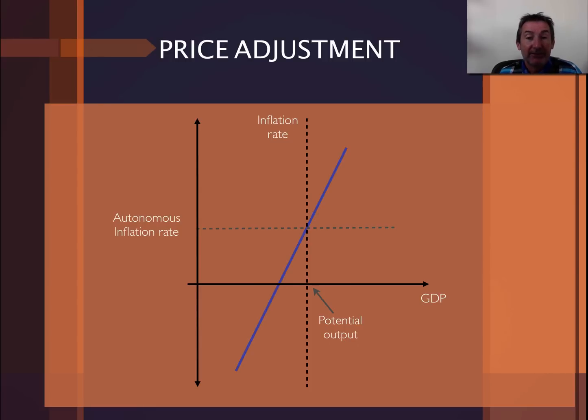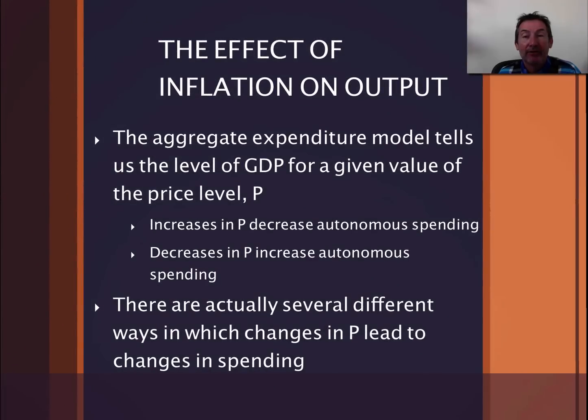So the next piece is to understand how these adjustments of prices cause the economy to go back to its long-run equilibrium level of GDP. So there the point is that changes in prices will lead to changes in planned spending, because changes in prices will lead to changes in autonomous spending.